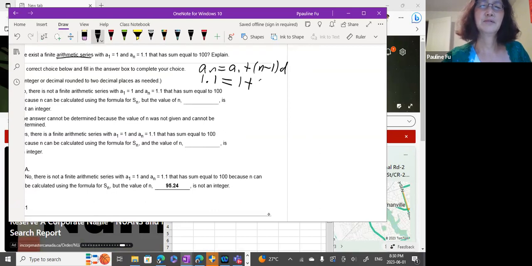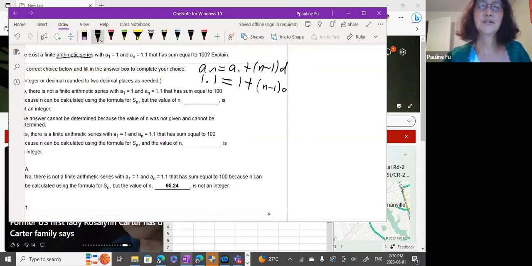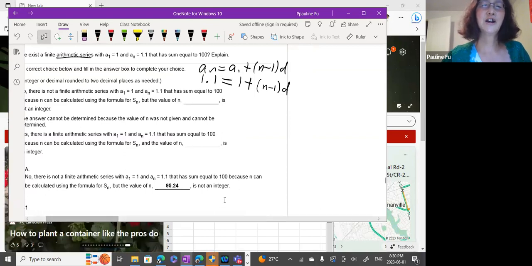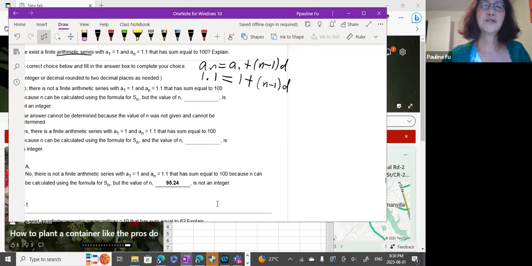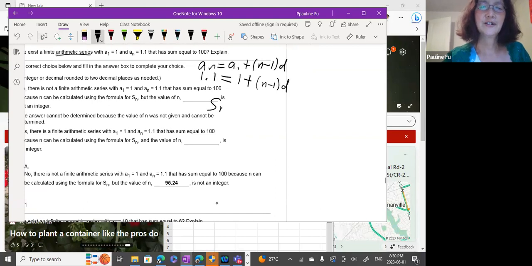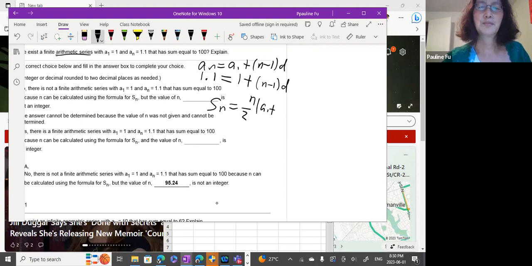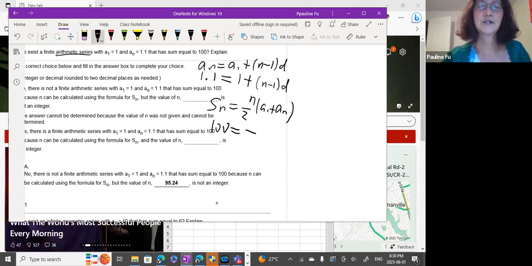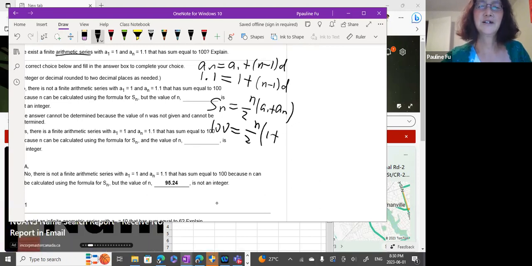We don't have D, we don't have N. And the sum is 100. So Sn equals N times A1 plus AN over 2, so 100 equals N times 1 plus 1.1 over 2.